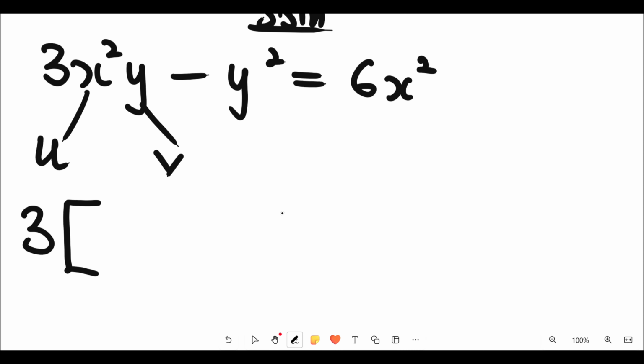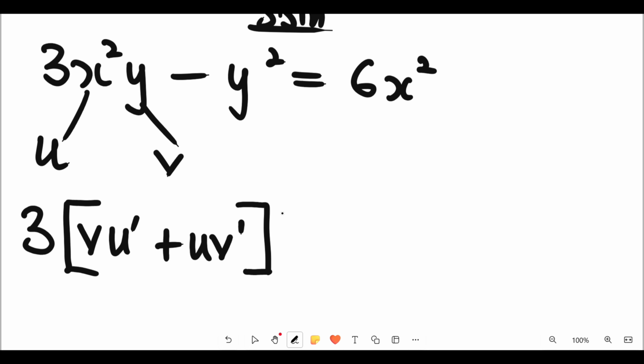Then, using the product rule, you differentiate u, or you can decide to start with v. I want to start with u. I'll differentiate u, then I'll maintain the v. So I'll multiply the derivative of u by the v, then plus I'll maintain my u and differentiate my v. So u then v prime.